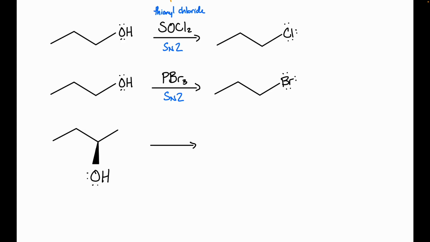If we were to treat this with our thionyl chloride, because it's an SN2 mechanism, a consequence of those SN2 mechanisms, what we call these backside attack mechanisms, is you're going to get an inversion in your stereochemistry, meaning that this wedged bond here is going to flip to a dashed bond when that chlorine's added.